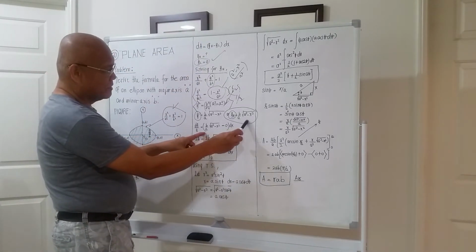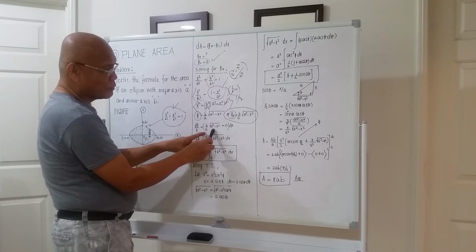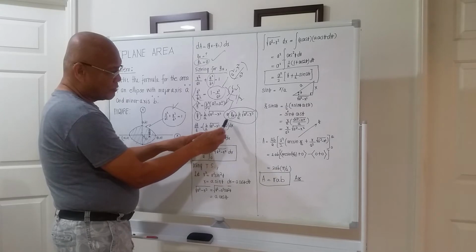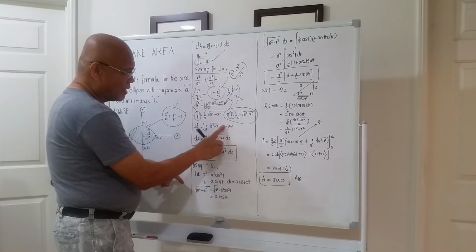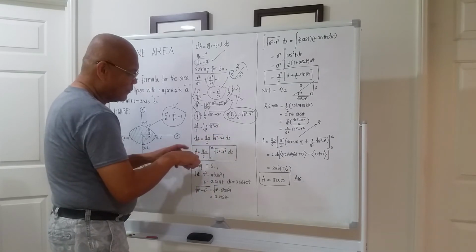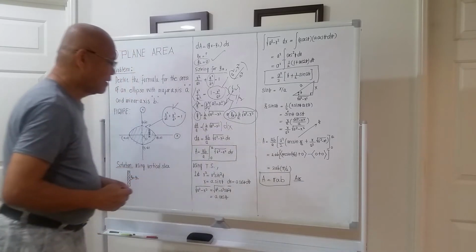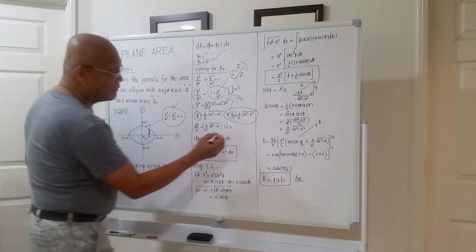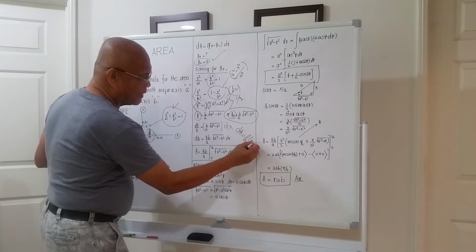Y higher is this, b over a times the square root of a square minus x square minus 0, which is y lower, times dx. Actually, this is now 0. So what comes out is just simply this value here multiplied by dx. And we are now given differential area as a function of x.